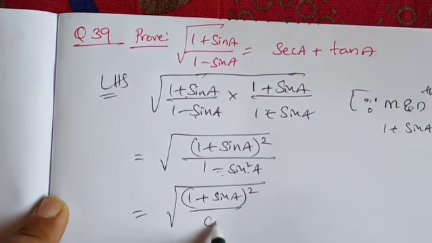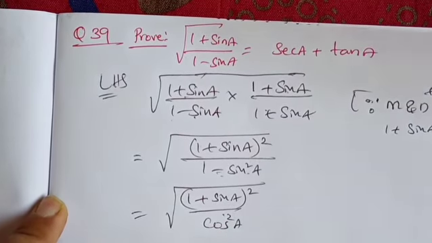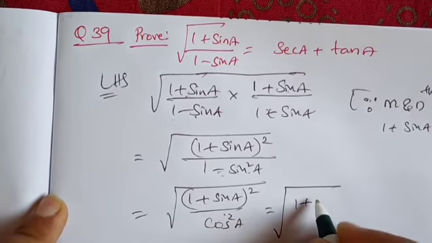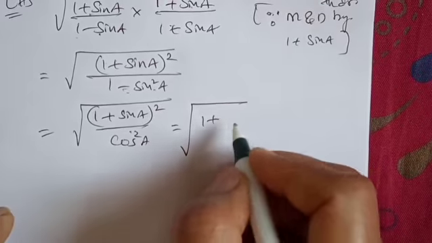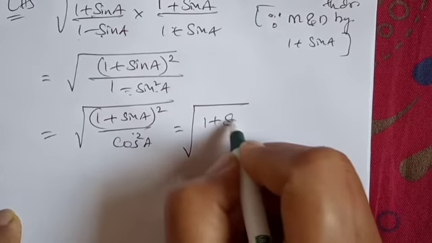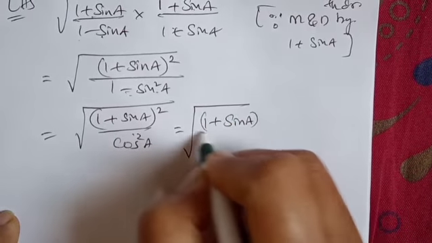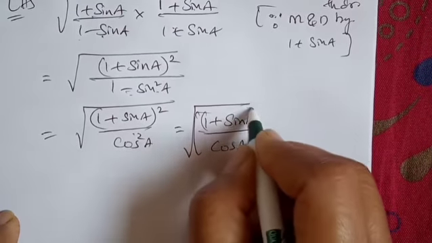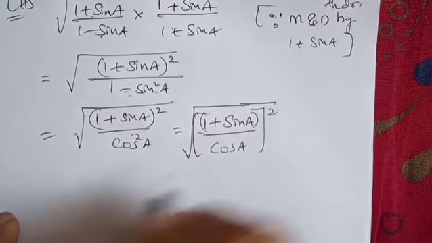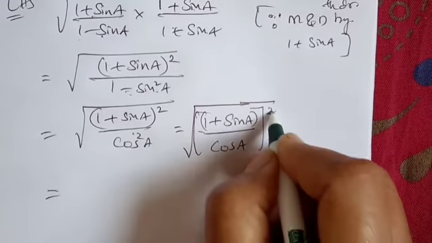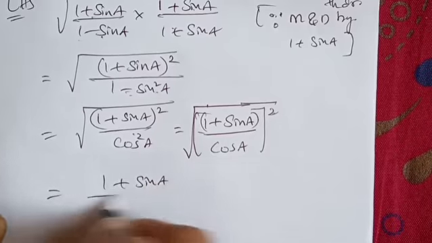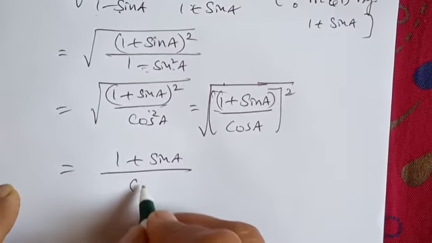This is nothing but cos square A. Okay, so this can be written as 1 plus sin A by cos A whole square, root. So now here this square and root cancel. So 1 plus sin A by cos A will be left.